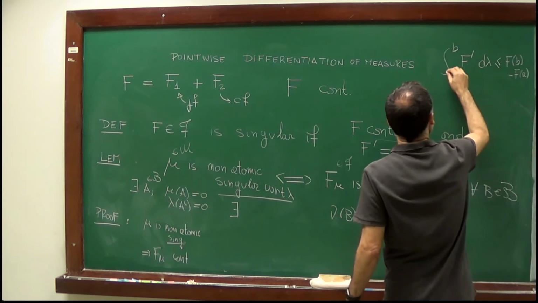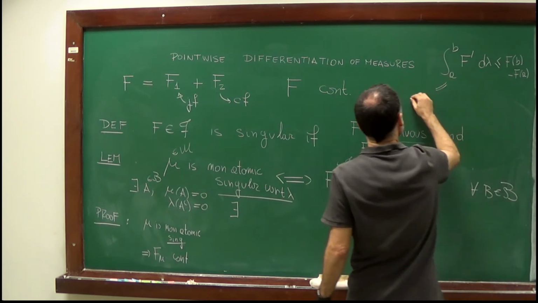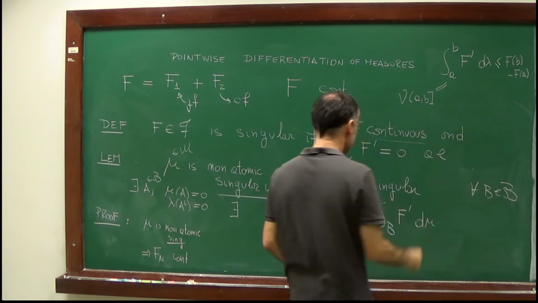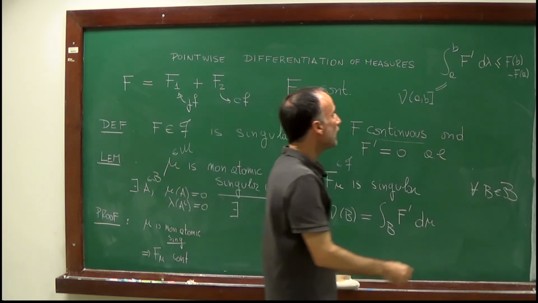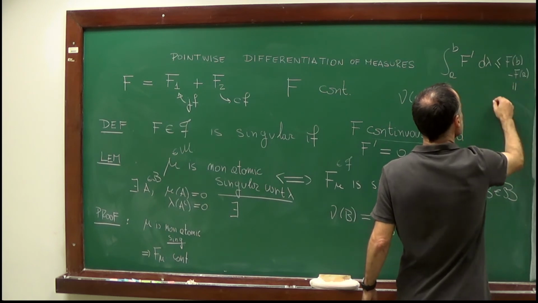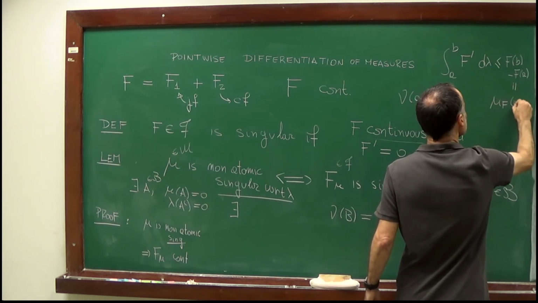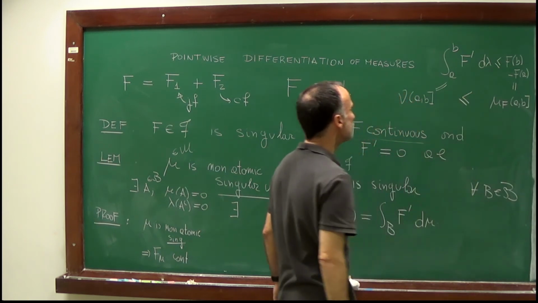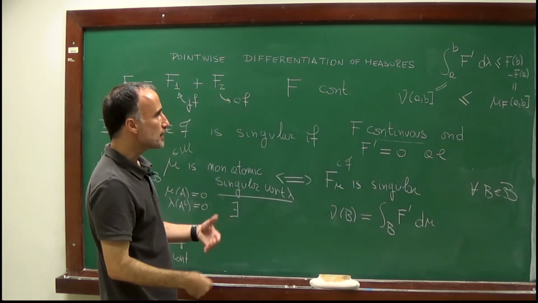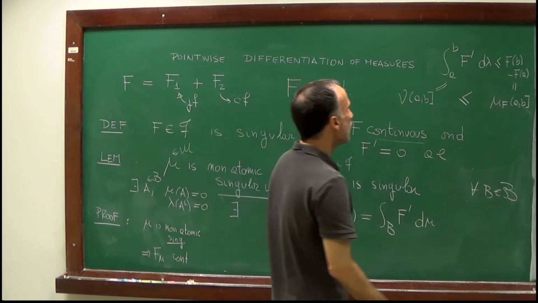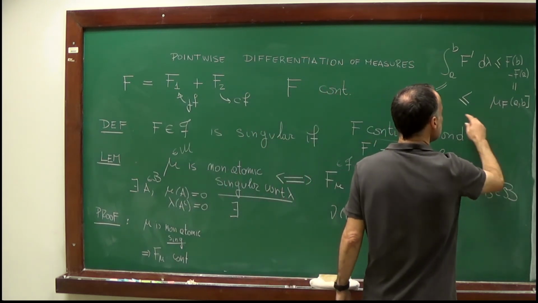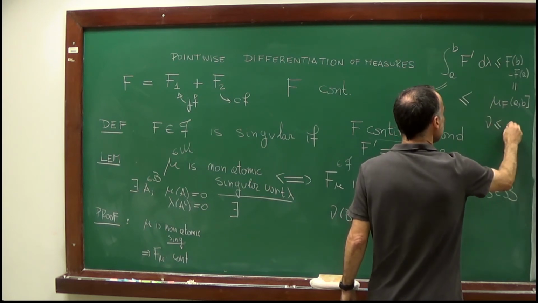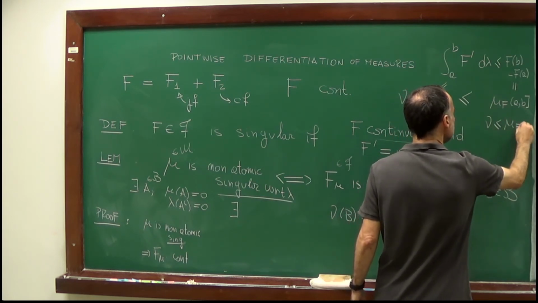Okay, and this, by definition, is nu of (a,b], while this expression here, by definition of mu, is mu_f of (a,b]. So we have that this inequality holds for these sets, and we can, by using the monotone class theorem, show that in fact nu is less or equal than mu_f.